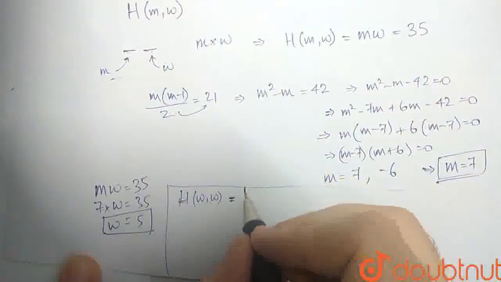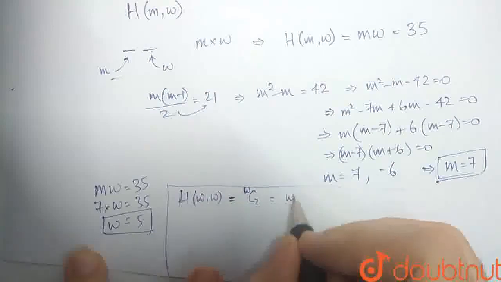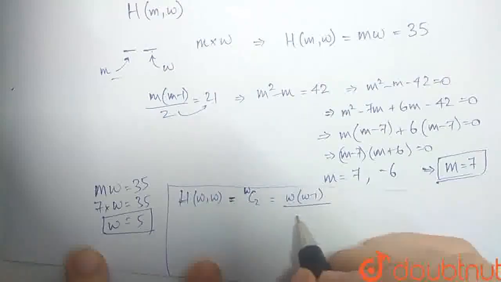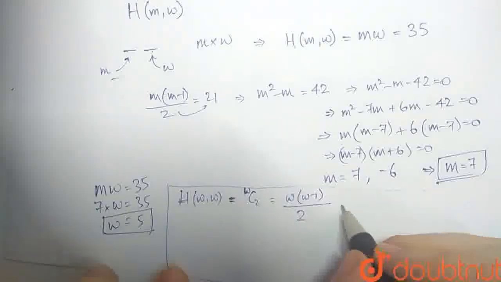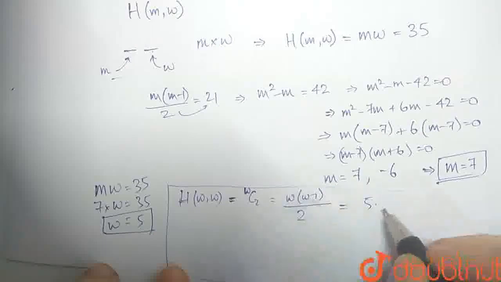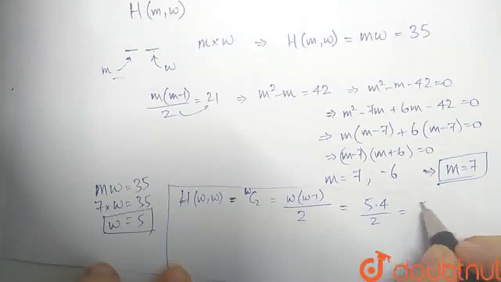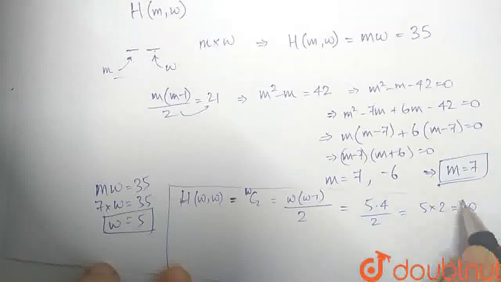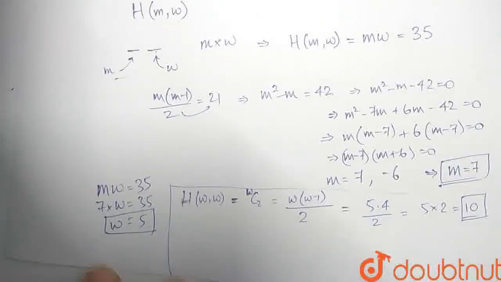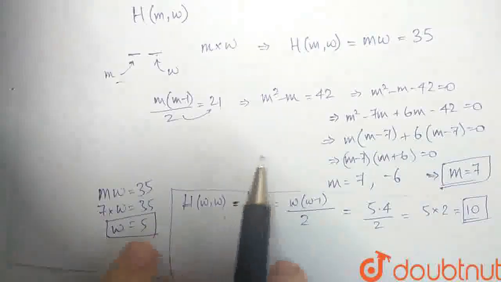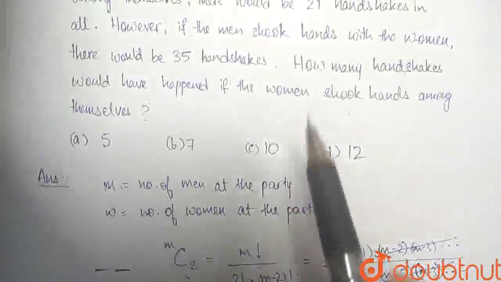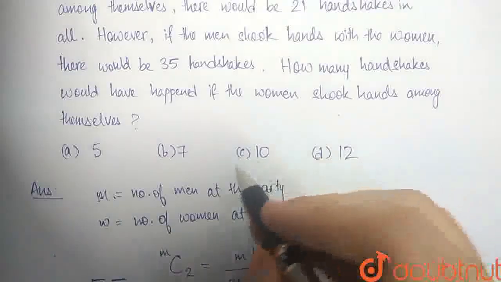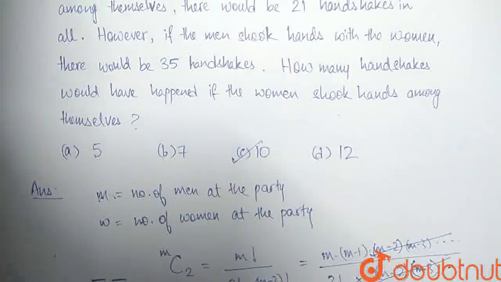So we have WC2, which is W times W minus 1 by 2. Now W's value we already know, it is 5. So we have 5 times 5 minus 1, which is 4, by 2, which means 5 into 2 or 10. Therefore the number of handshakes that would have happened if women shook hands among themselves will be 10, which is what is required in the question. Therefore, checking the options, we see option C is correct.